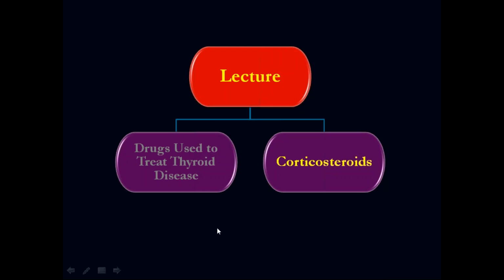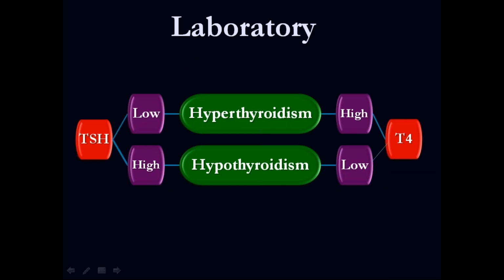One thing before I finish with this portion of the thyroid is I want to mention here that we have three levels, right? Number one level is the thyroid gland. Second level, the pituitary gland. Third level is the hypothalamus.